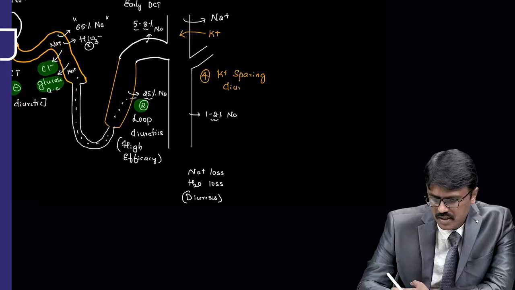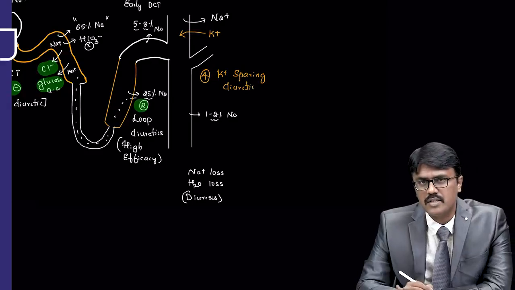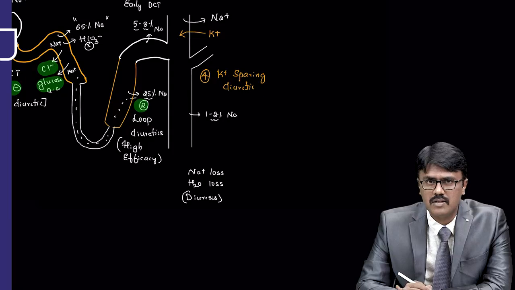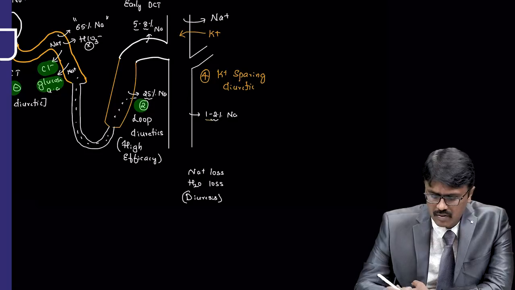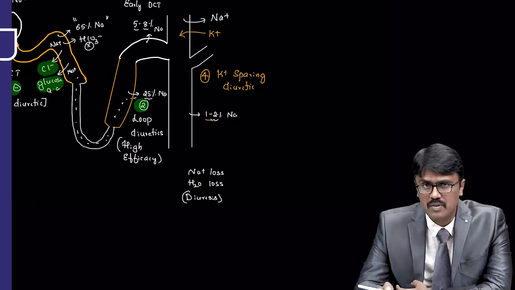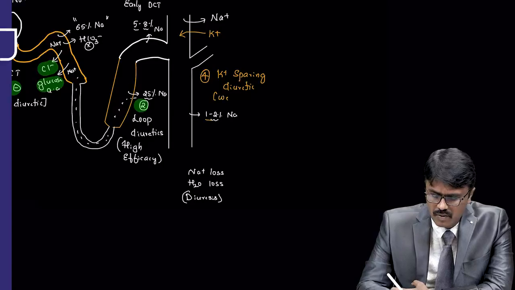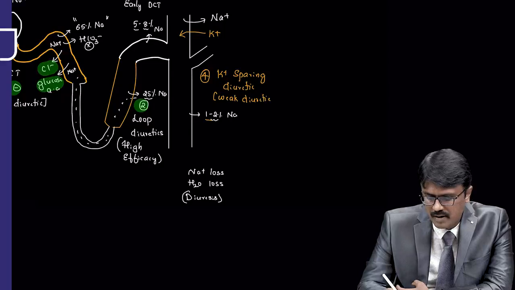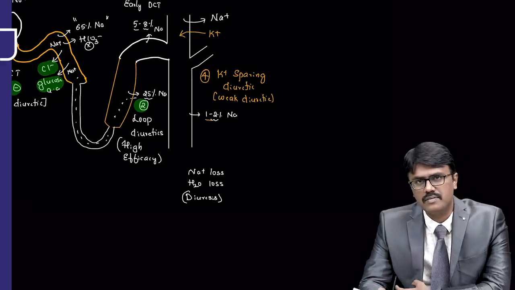So the name itself is telling you they will spare the potassium and they don't allow potassium to be lost. So the fourth group of drugs are potassium sparing diuretics, and they will only interfere with the reabsorption of 1 to 2%. That's why these are very weak diuretics. So potassium sparing diuretics are very weak diuretics, right?